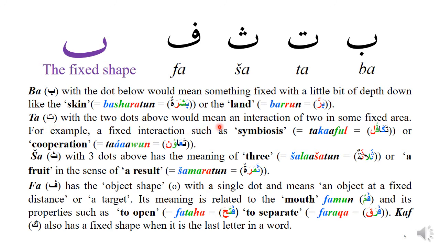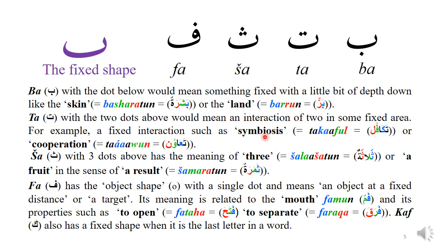Ta with the 2 dots above, we have already seen that it can mean like 2 eyes, but it can also mean 2 persons interacting. So see, 1 person, 2 persons interacting in a field, in a bound field for a fixed time. Such as it can be seen in symbiosis, takaful.